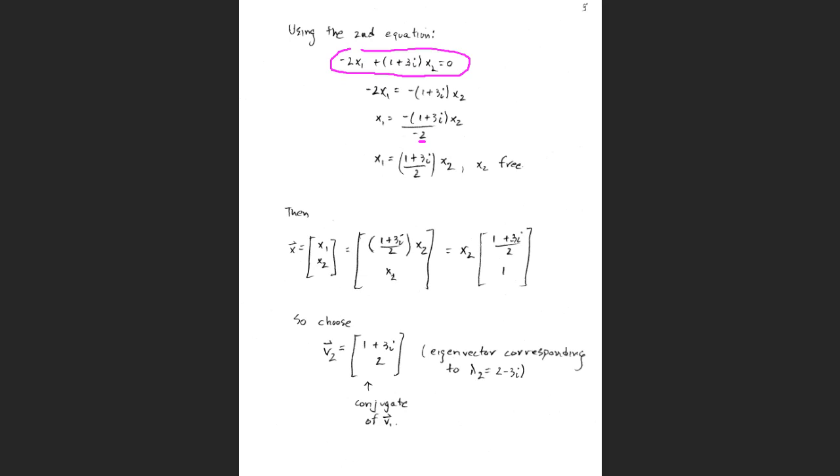Traditionally, we like the i part to be in the numerator. So we end up getting x1 equals (1 plus 3i) over 2 times x2. x2 is free. And then the eigenvector x can be written like this.